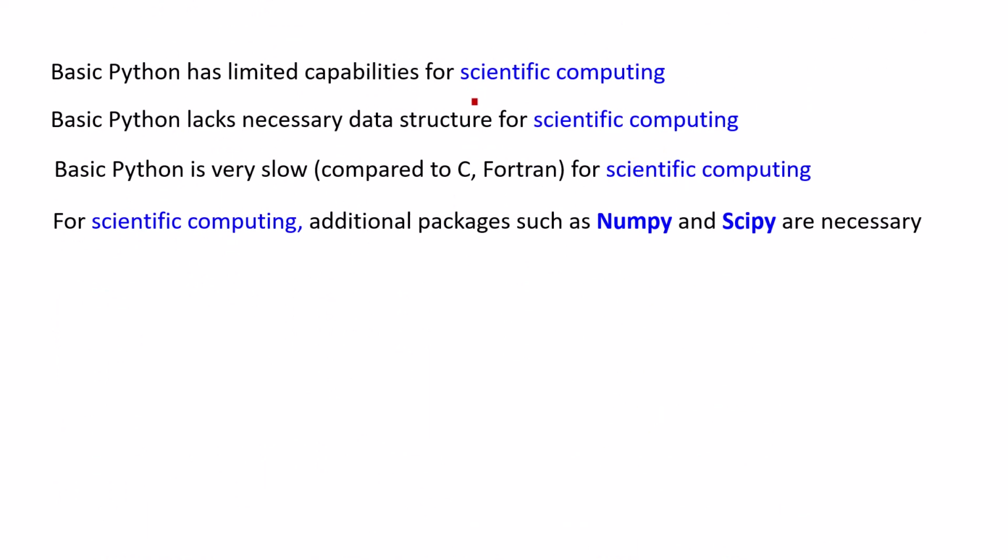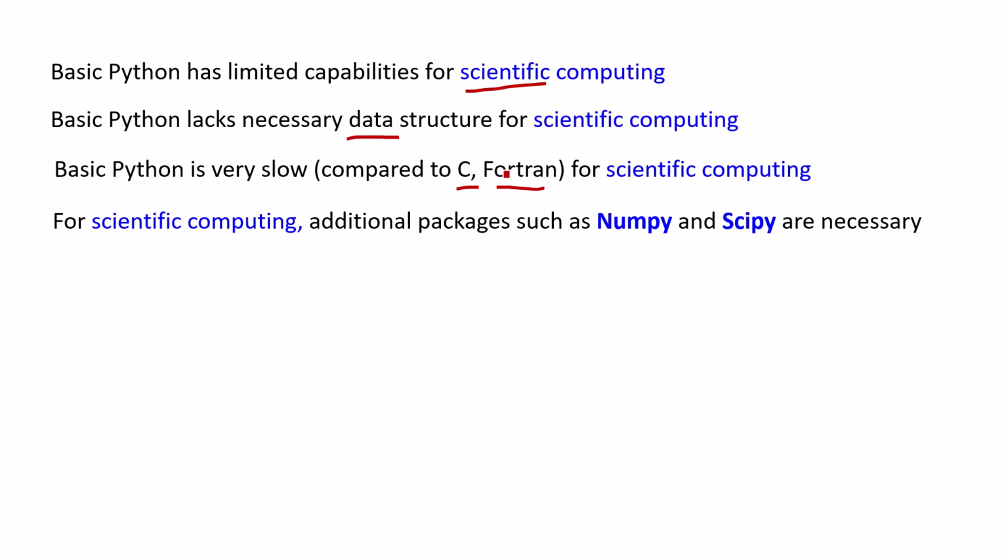Basic Python, what we have learned so far, has limited capabilities for scientific computing. It doesn't have the necessary data structure which are valuable for scientific computing. It is also very slow as compared to C or Fortran, which is a serious bottleneck in scientific computing.